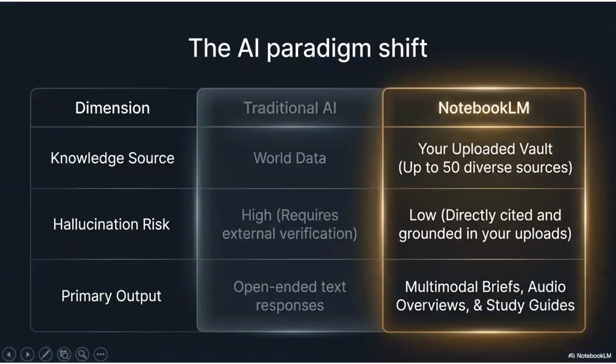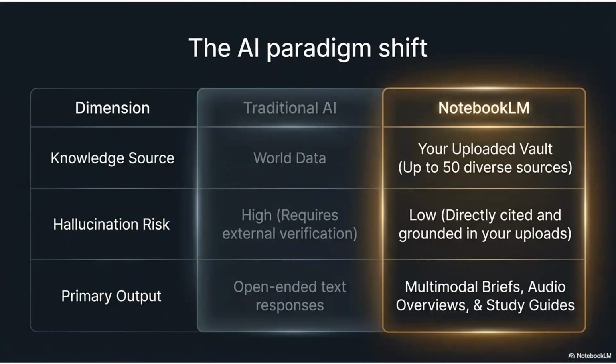So, the AI paradigm shift. I will tell you what kind of AI tools we traditionally were using, and now we are shifting towards the more comprehensive Notebook LM, which is an advanced version powered by the Gemini 1.5 Pro engine.